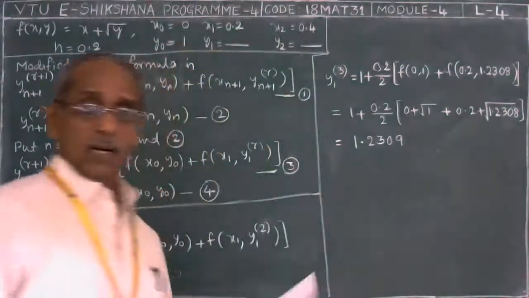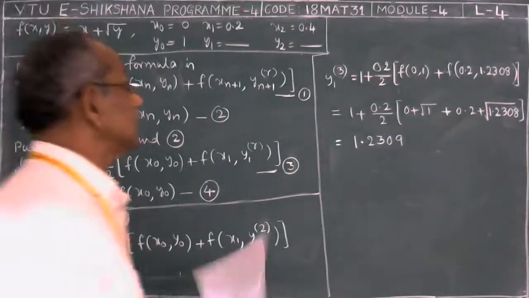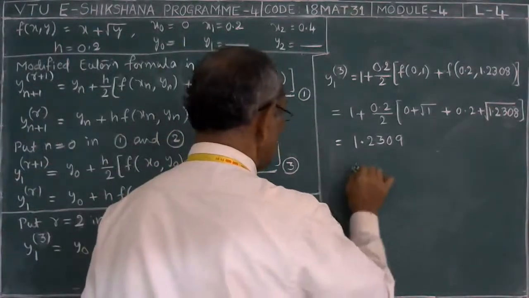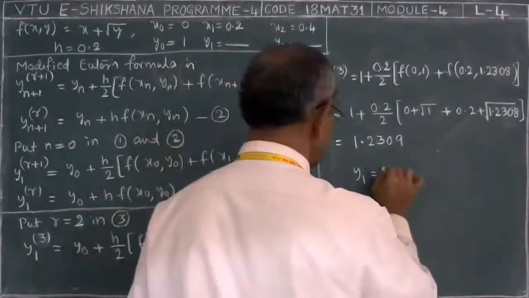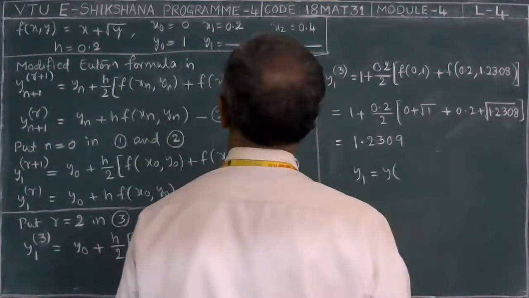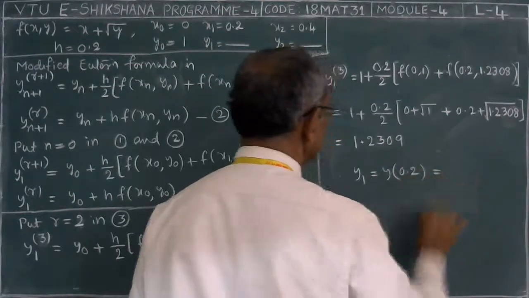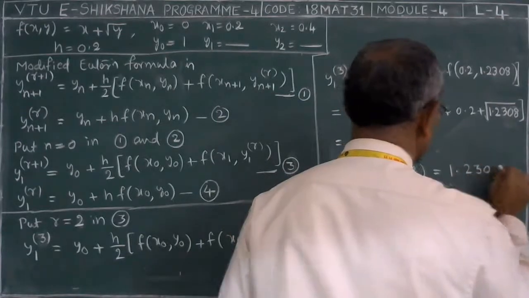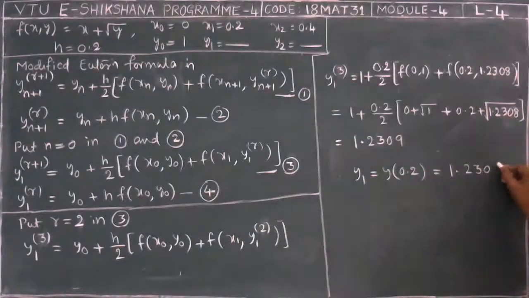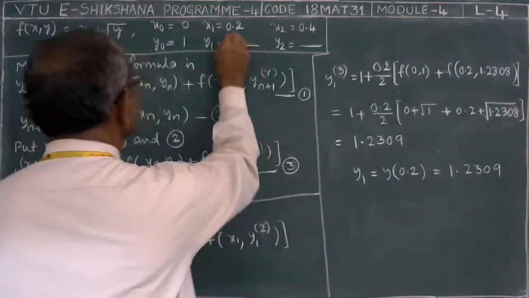So after every stage, 3 iterations are over. Therefore the value of y1, that is y at x equal to 0.2, is 1.2309.